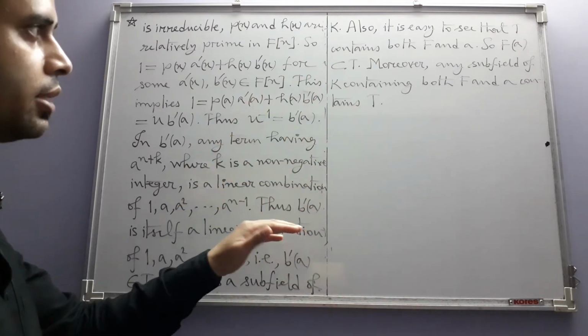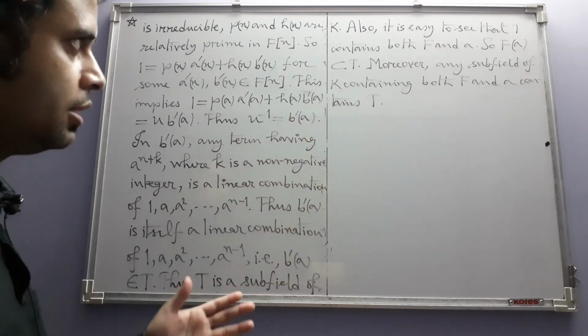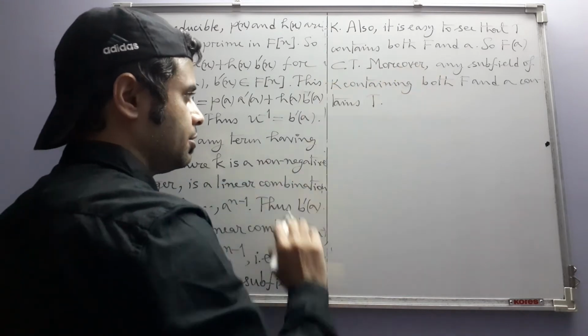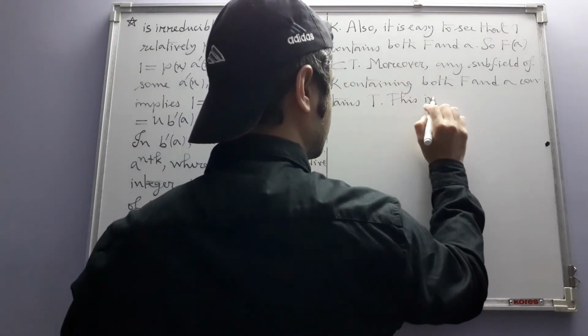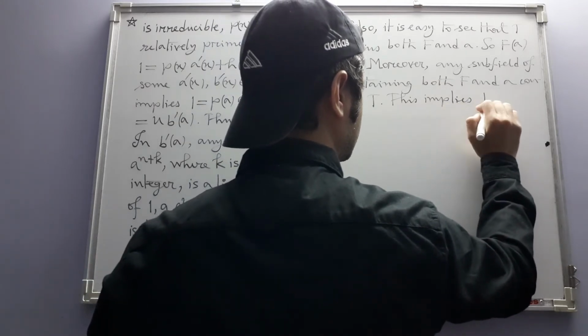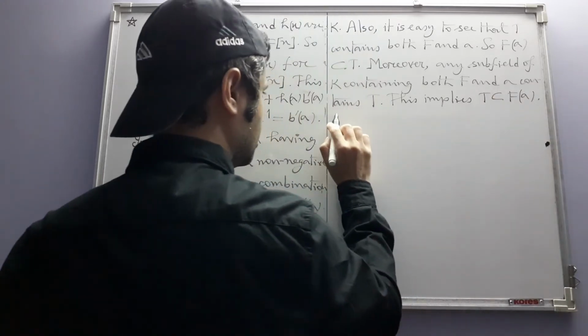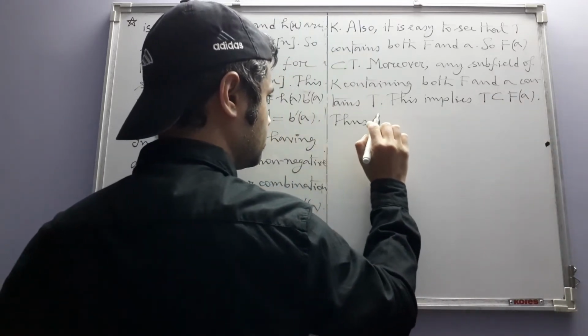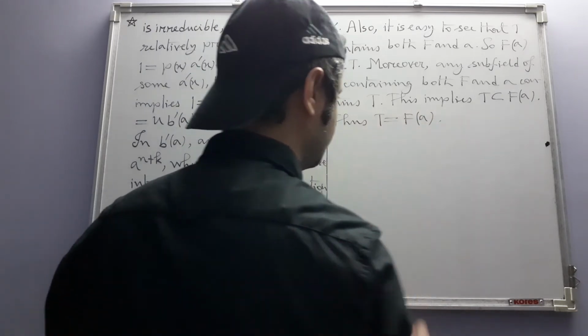So T is contained in every subfield of K containing both F and A. So T is also contained in F(A). Thus, T is equal to F(A).